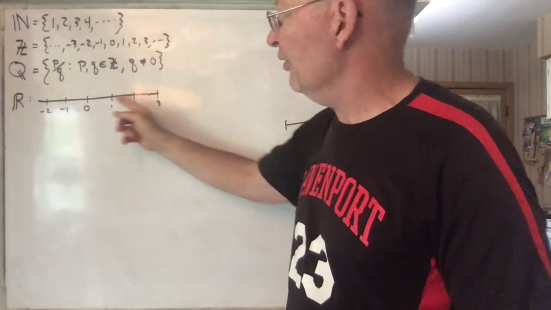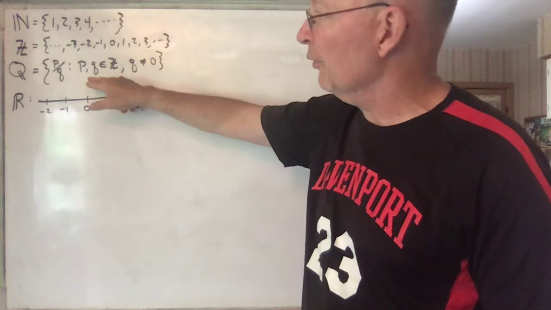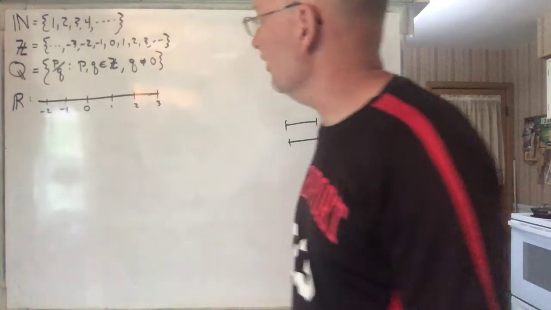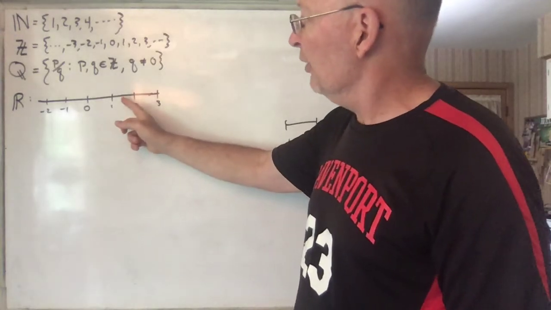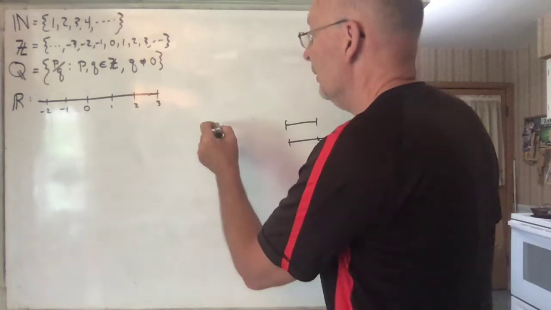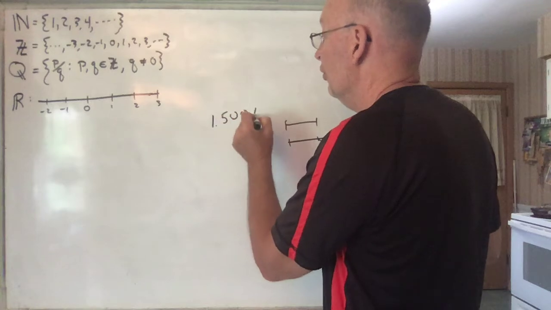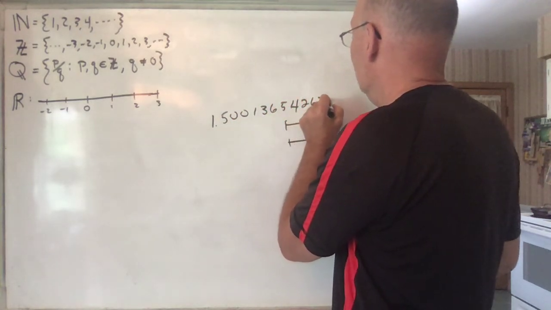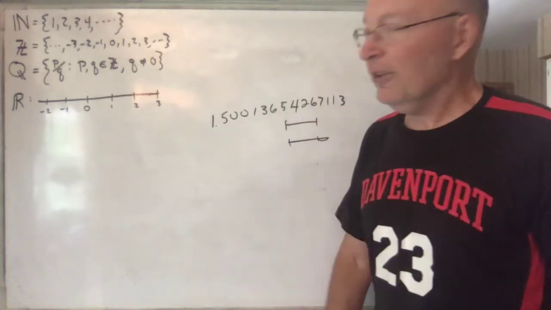Perhaps all the points along the number line are themselves rational numbers. If you just pick a point on the number line and designate it, perhaps that's 3/2, or if not 3/2, maybe it's 1.50013654267113. Maybe that's what that point is.